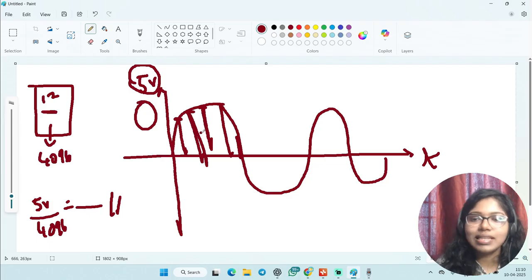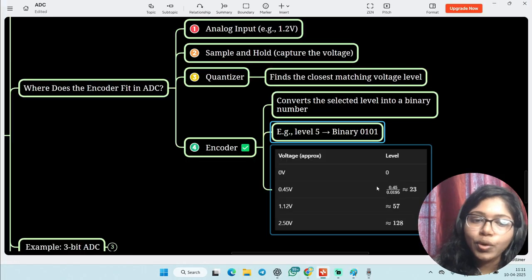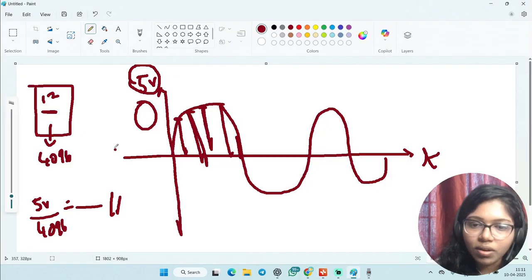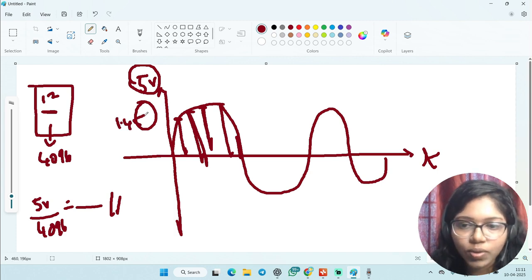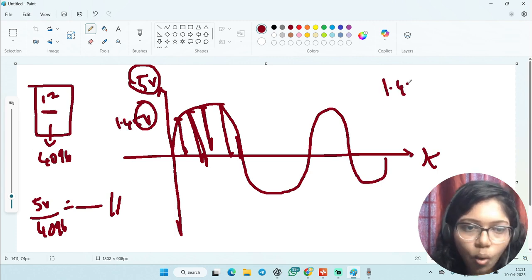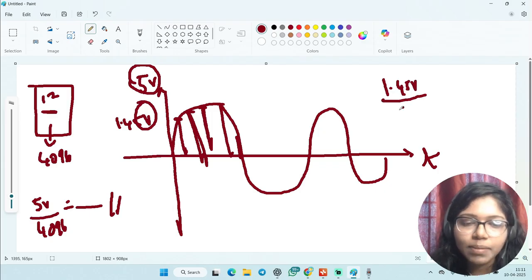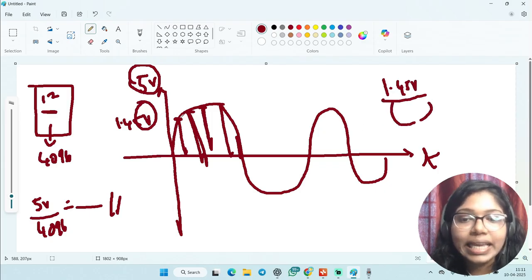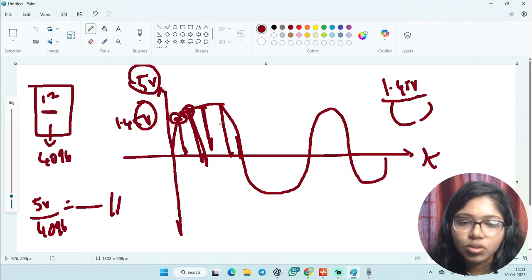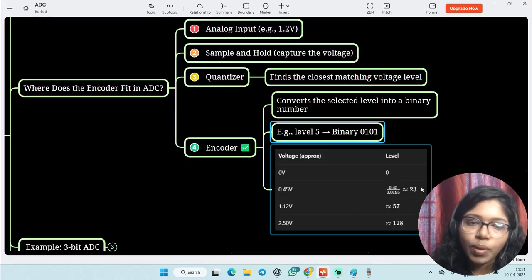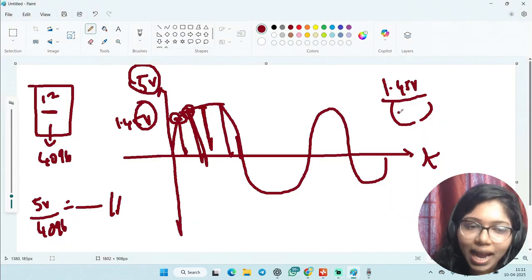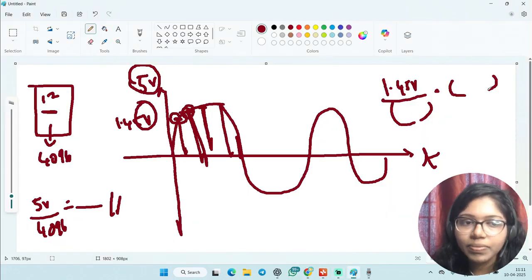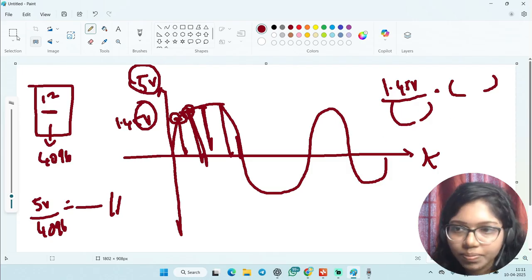To know the level of this value, you have to divide the exact voltage value by the minimum voltage for each sampled data. That minimum voltage is 0.0195. When you divide by that value, you get the level of your digital value.